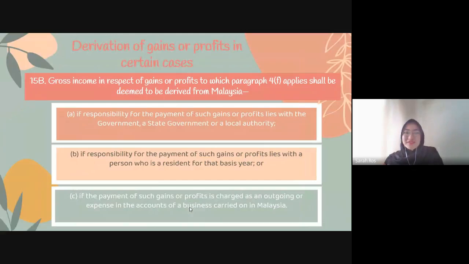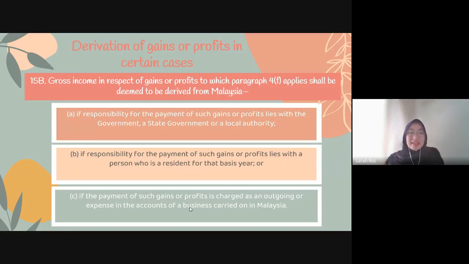Next, for derivation of gains or profits in certain cases, this lies under section 15B in the Income Tax Act. This one is income from paragraph 4F.